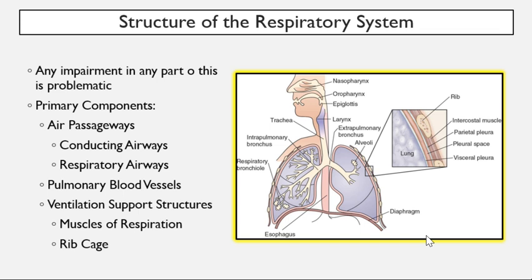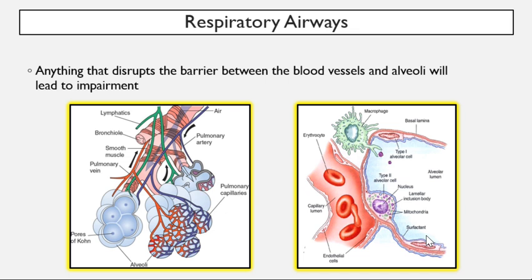So make sure you are well acquainted with that. That's just a review. Again, you don't necessarily need to be able to label this picture, but just know, generally speaking, how air goes through your lungs and gets picked up by your vasculature.